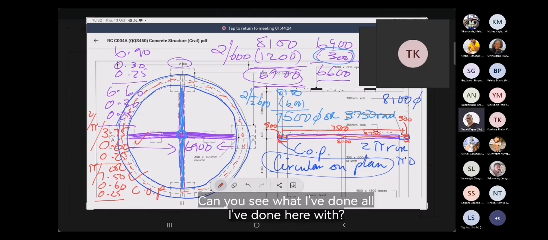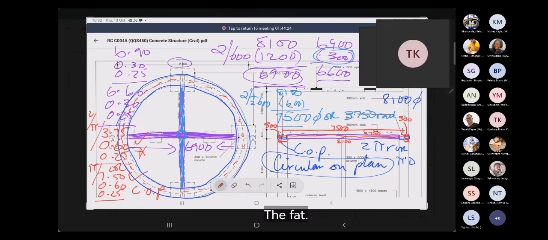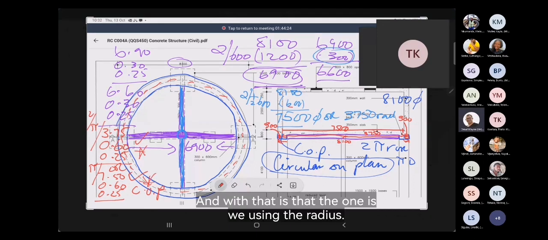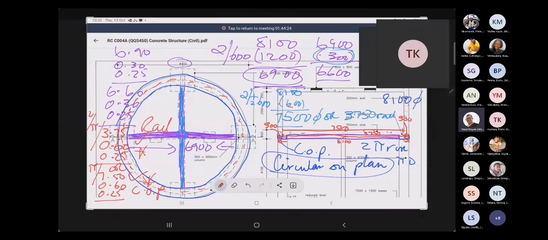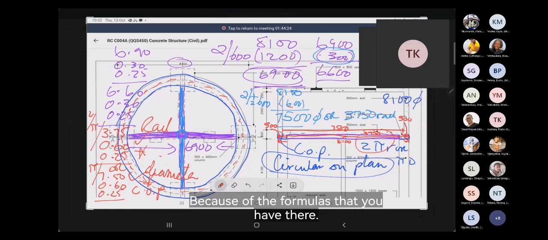And you see what I've done? All I've done here with that and with that is that the one we're using the radius, and the other one I'm using the diameter, because of the formulas that we have there.